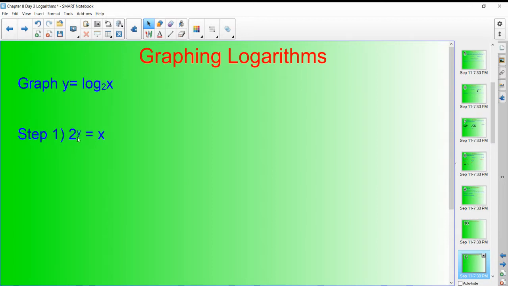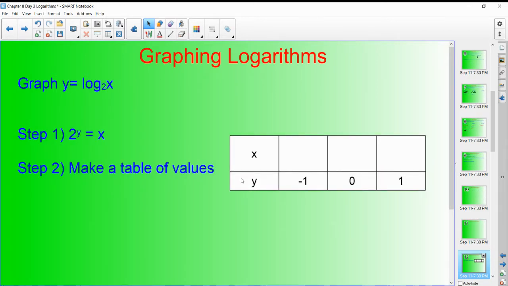Much easier if I put y in and find x. So if I put -1 in here, I can get a value. If I put 0 in here, 2 to the 0 equals 1. So I have 0 for y, 1 for x. If I put in 1 for y, I get 2 for x. 2 to the first is 2. I can make a bigger table, but those are enough points to help me graph.